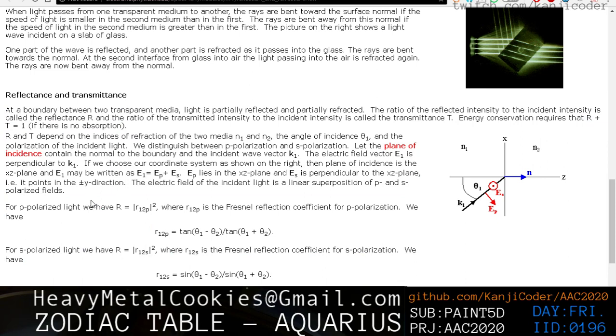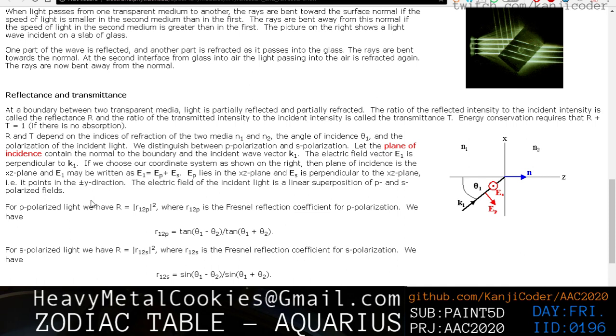R and T depend on the indices of refraction of the two media, N1 and N2, the angle of incidence θ1, and the polarization of the incident light. We distinguish between P polarization and S polarization. Let the plane of incidence contain the normal to the boundary and the incident wave vector K1. The electric field vector E1 is perpendicular to K1.